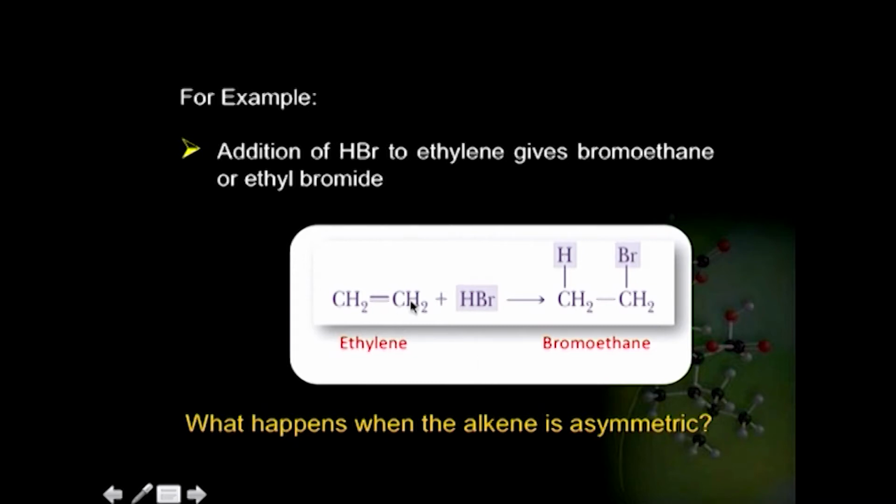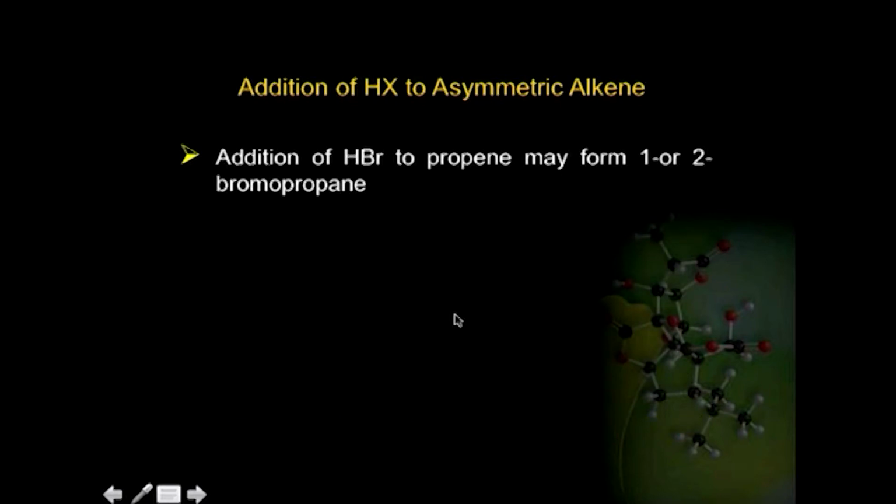What we mean by this is, ethylene is a symmetric molecule, which means that we have two hydrogen atoms here, two hydrogen atoms on the other side, and all the hydrogen atoms are similar. So, whether H gets added to this carbon or this carbon of the molecule from HBr does not make any difference. When the alkene is asymmetric, for example, addition of HBr to propene may form 1 or 2-bromopropane.